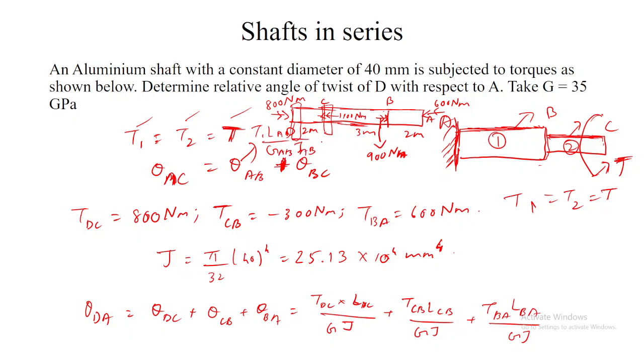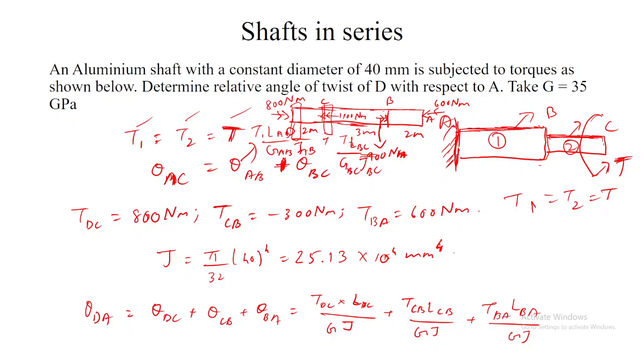Similarly for BC, T into LBC divided by GBC into JBC. So shaft in series, you should approach the problem like this. Fine.